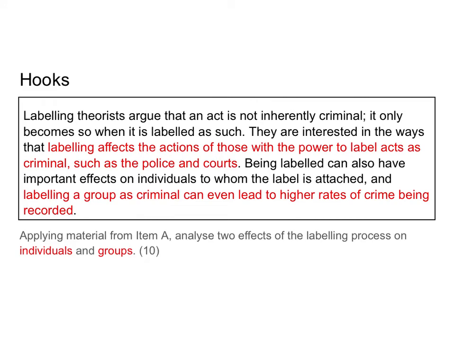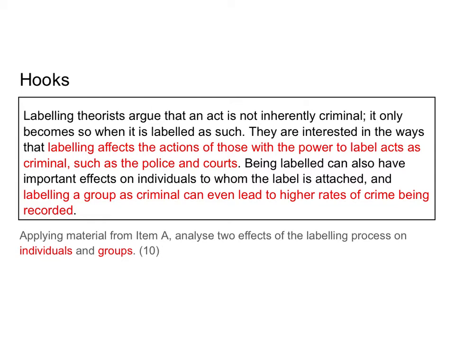So the 2 strongest hooks that I identified from this item was, firstly, the idea that labelling affects the actions of those in power to label, such as the police and courts. So I'd like you to think, if you want to use that link, how does the labelling of certain individuals and groups actually affect the behaviour of the police and the courts and the criminal justice system itself?